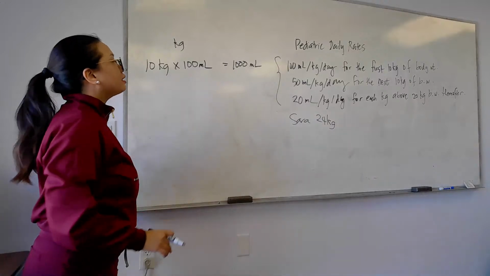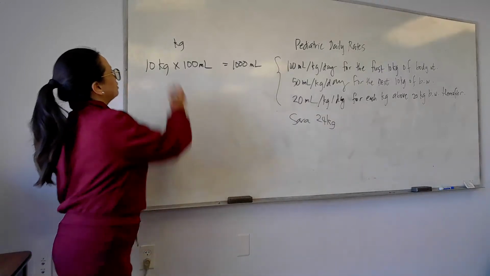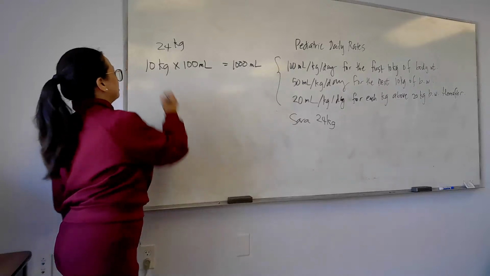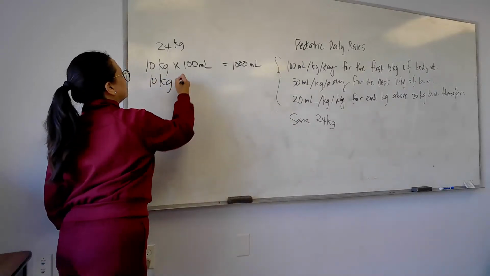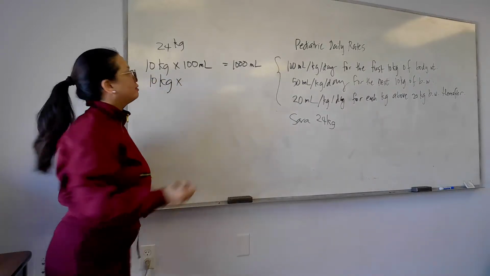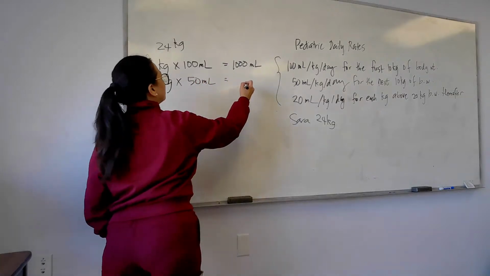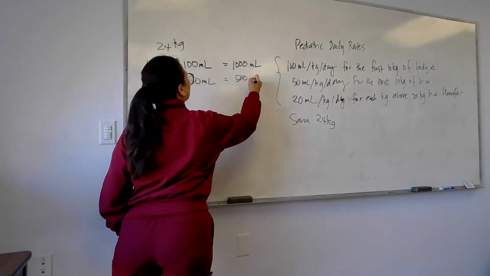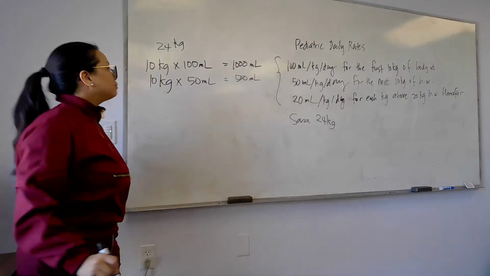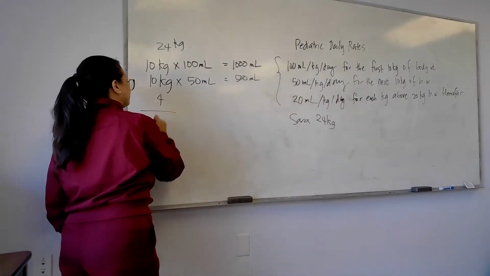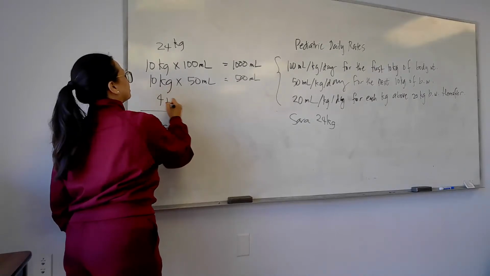What's your multiplier? 100. Okay. Do I have another 10? Yes. Okay, 10 kilograms. And what's my multiplier then? Very good. 50 ml. And that should be 500 ml. Do I end here? No. What's my next one? Very good. That makes your total 24 kilograms.